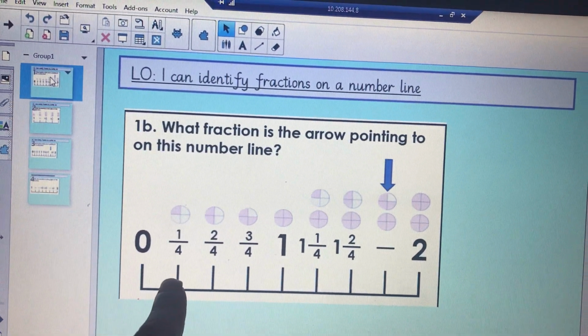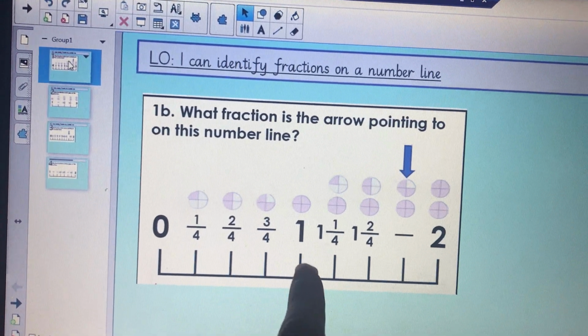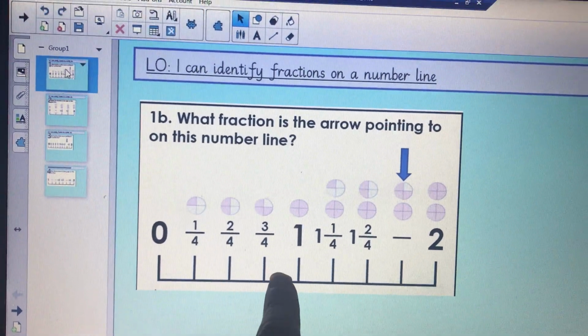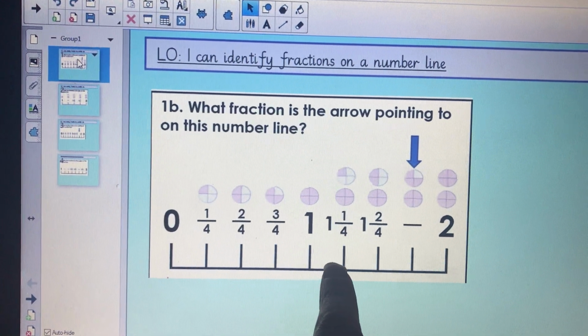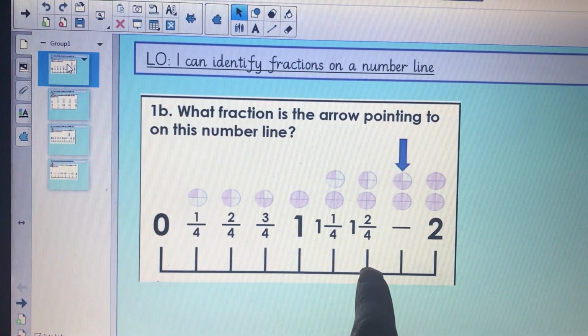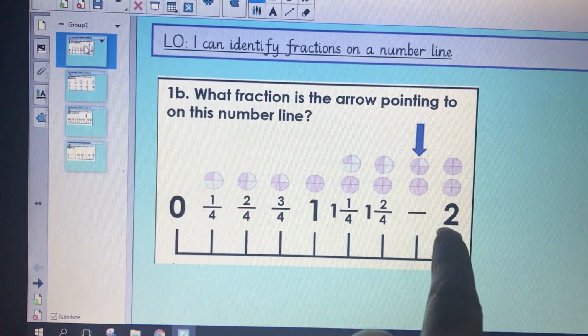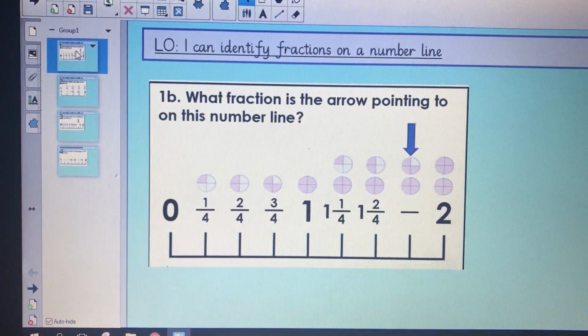We've got a quarter, 2 quarters and 3 quarters. Then we get to 1 whole, which would be 4 quarters. And then we have 1 whole and a quarter, 1 whole and 2 quarters, a missing one here, and then the number 2, 2 whole ones at the end.